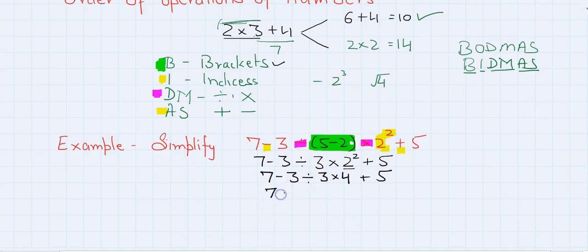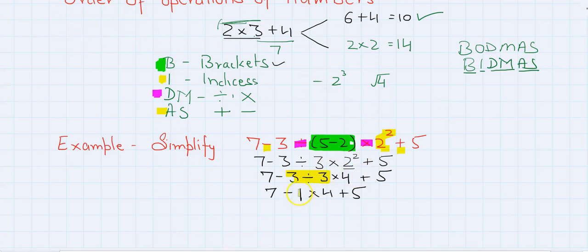Now this is 7 minus, division, 3 divide 3, that is 1, multiply 4 plus 5.